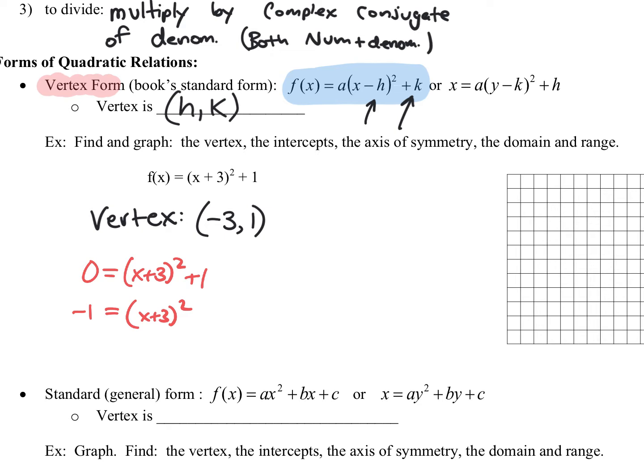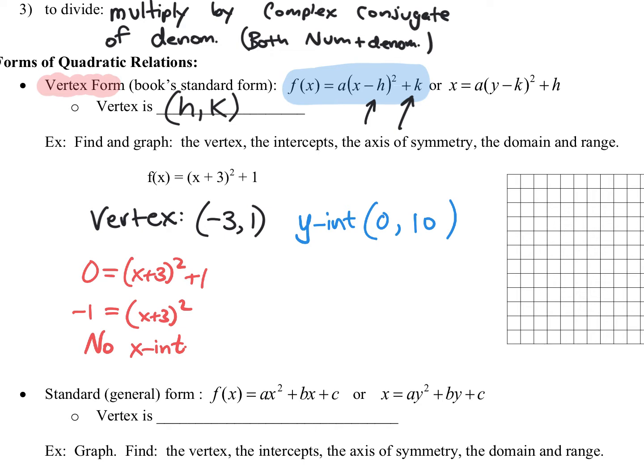So there are no x-intercepts here. We'll see that when we graph. The y-intercept can be found by plugging in 0 for x. If I were to do that here, I would have the quantity 3 squared plus 1. That's 9 plus 1, or 10.